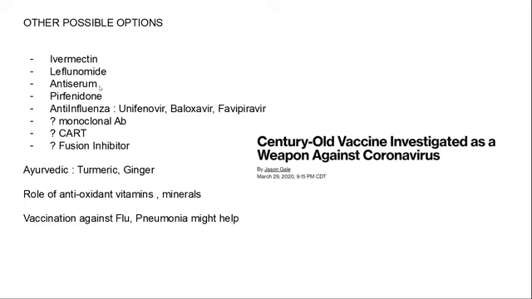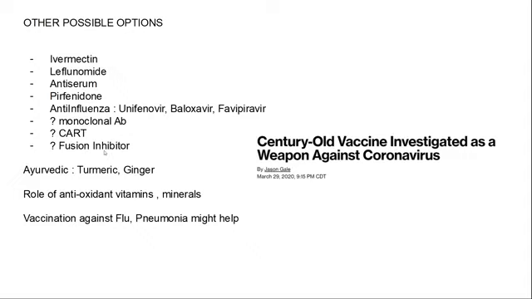So I recommend that for all the patients who are PCR negative and IgG positive, we should maintain a database of them, because if we really get a COVID-19 outbreak, then we might be able to use their serum for our patients. And besides that, there are a lot of anti-influenza medications, monoclonal antibodies, CAR therapy, and also I spoke about fusion inhibitors earlier.